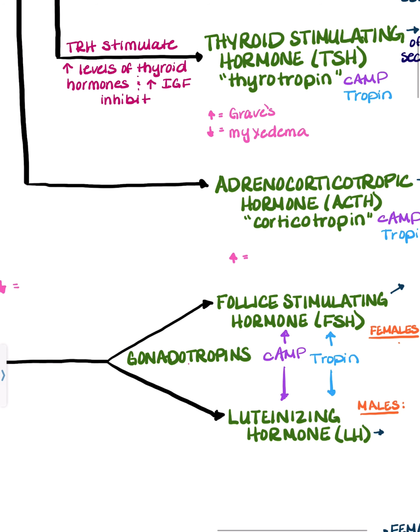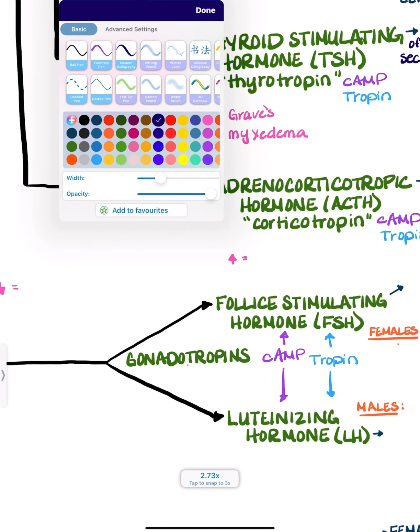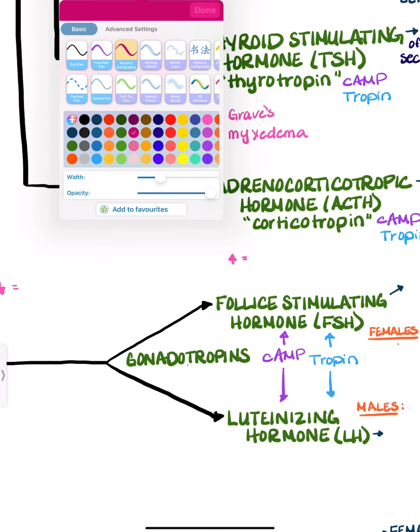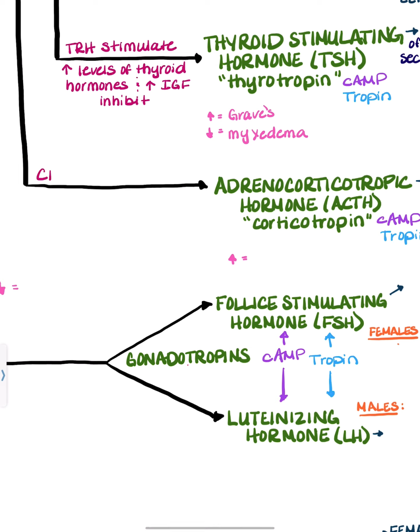What stimulates its release from the anterior pituitary gland would be CRH, which is the corticotropin releasing hormone. What would inhibit it? Again, we're working off a negative feedback, so the outcome of it would be to produce glucocorticoids.